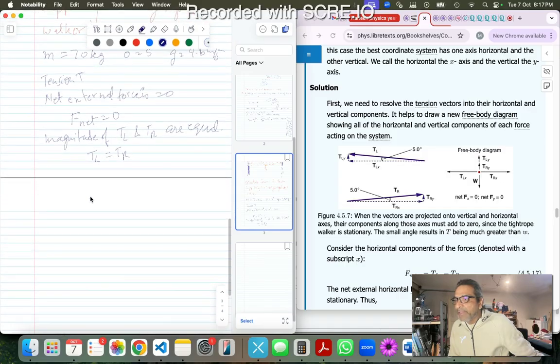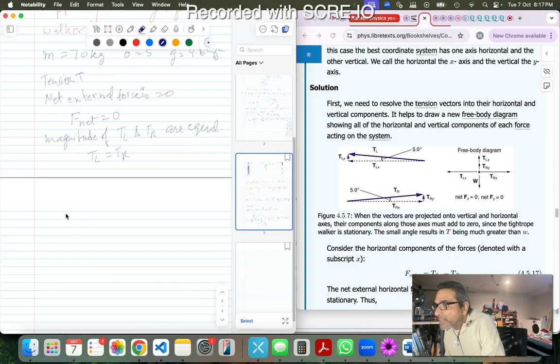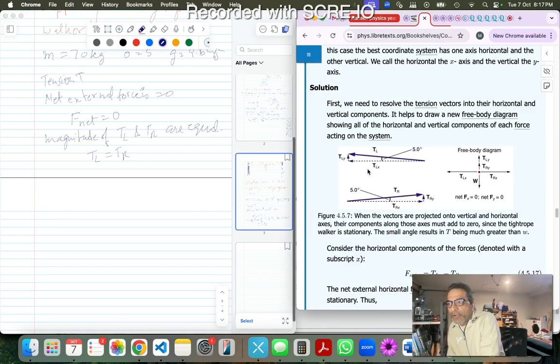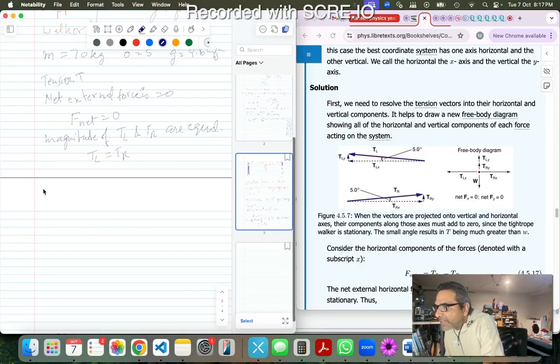So I'm taking the same nomenclature that has been used over here. This is our left hand side.